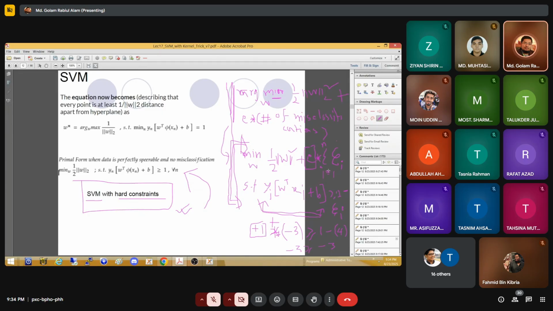If we allow a misclassification of long distance, we already know that the distance is proportional to the confidence. So a long-distance misclassification and a misclassification within the boundary are not the same.